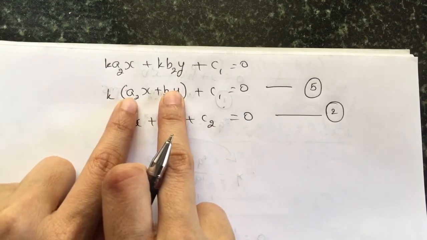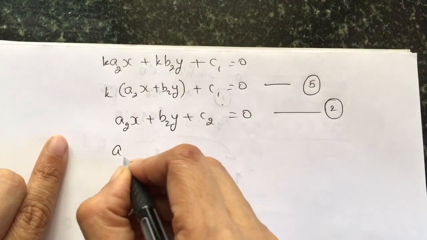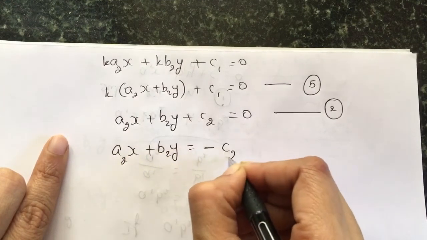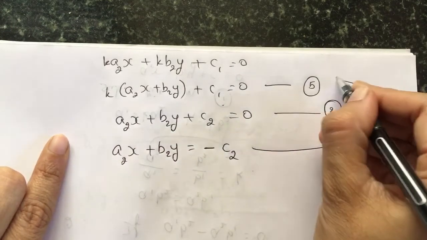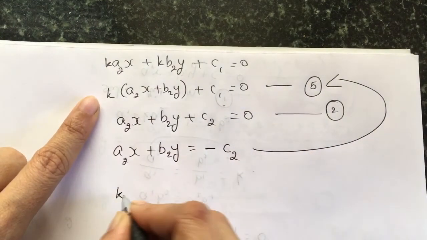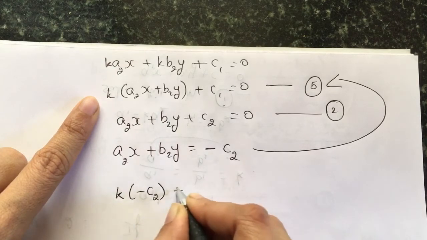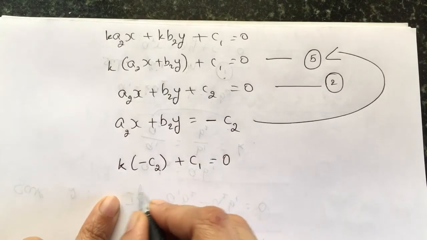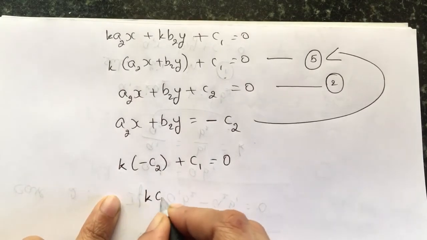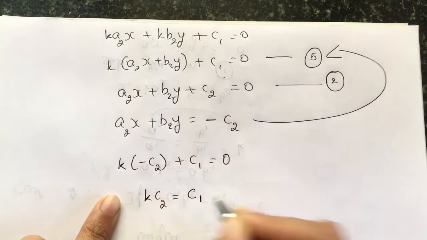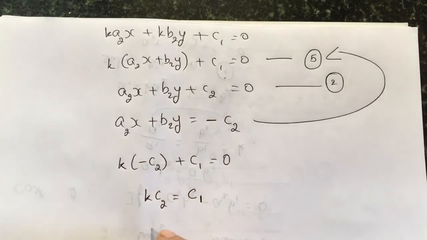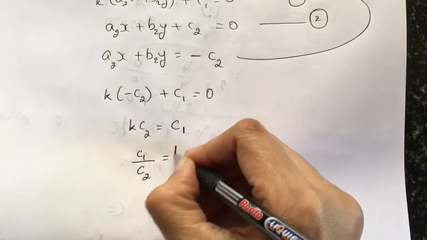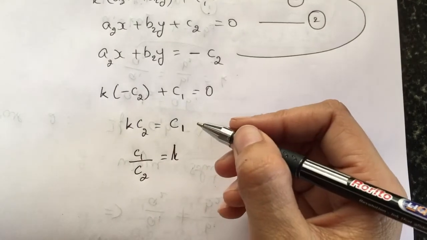Substitute this in equation 5. What will you get? K into minus C2 plus C1 equal to 0. So KC2 equal to C1, or you can write C1 by C2 equal to K.